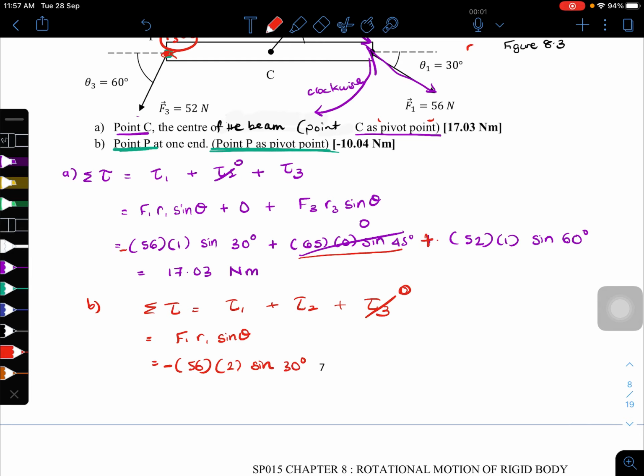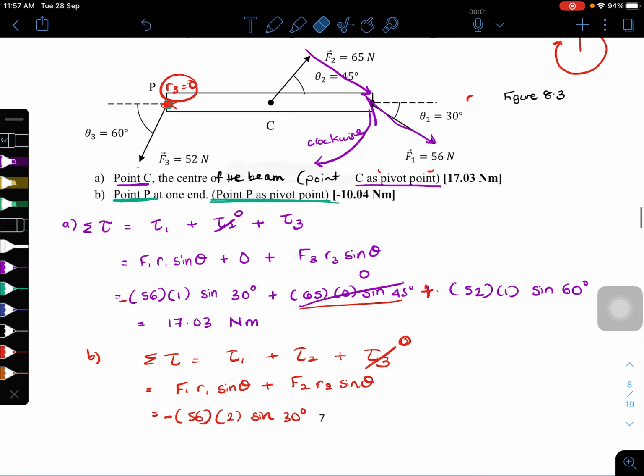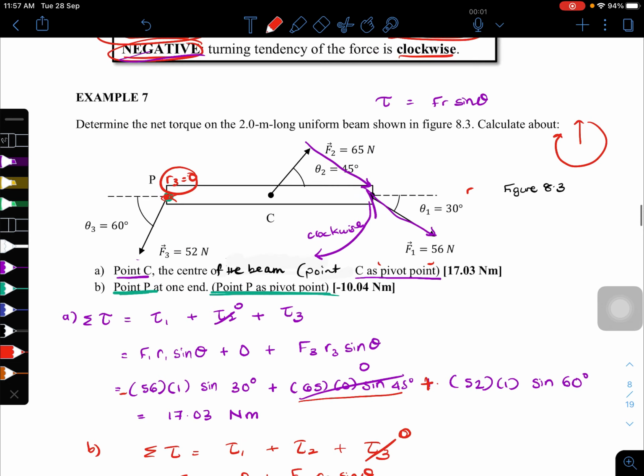Okay, and then kita buat torque 2 pula plus F2 R2 sin theta. Okay, kita tengok, tak tahu lagi plus ke minus kan. Okay, biarkan je. So our F2 over here, ni kita padam bagi kamu nampak, our F2 over here is 65.